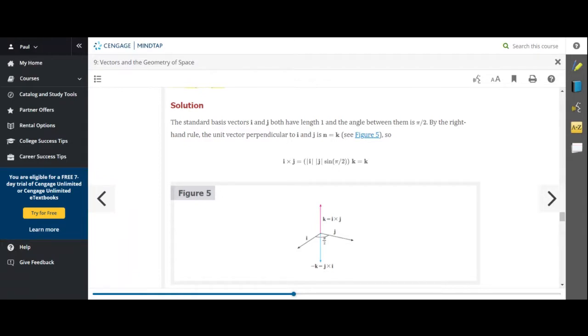On the other hand, for J cross I, I have to curl my fingers this way. I bring the J vector towards the I vector, and my thumb is pointing down. So J cross I equals negative K vector. Do you see how that works?